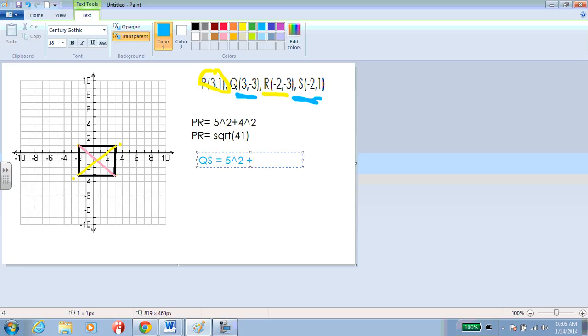The distance between -3 and 1 for my y values is 4. So QS does in fact equal the square root of 41. So since the diagonals are congruent, then I know I have a rectangle.